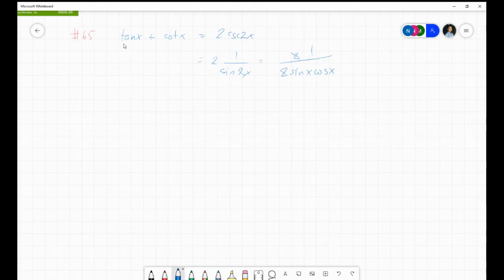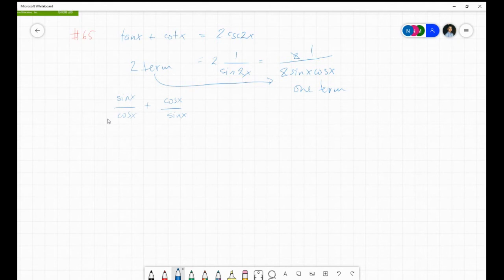So let's see what we can do on the right side. Over here, there's one term, right? Over here, there's two terms. So it's always easier to go from two terms to one term than one term to two terms. So on this left-hand side, convert everything to sine and cosine.